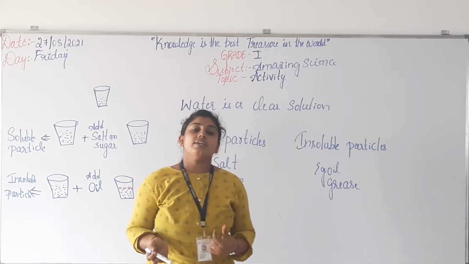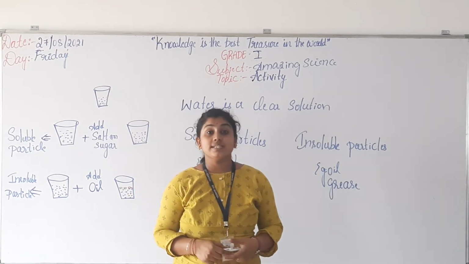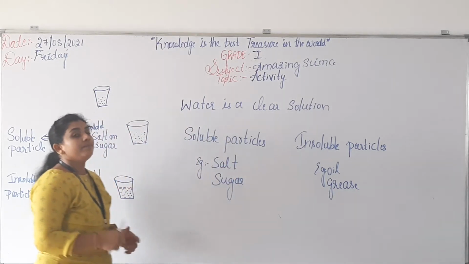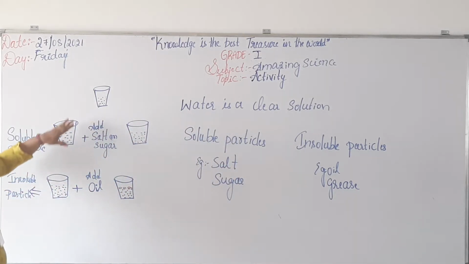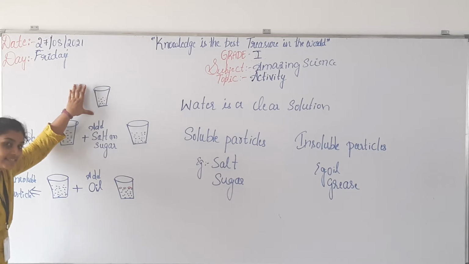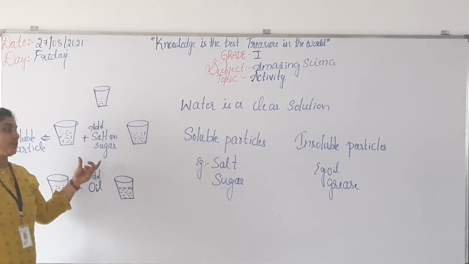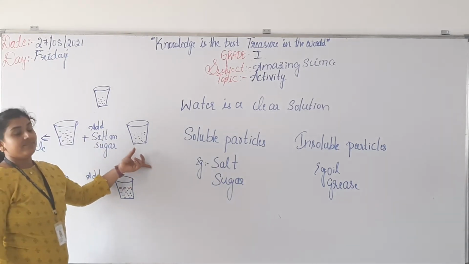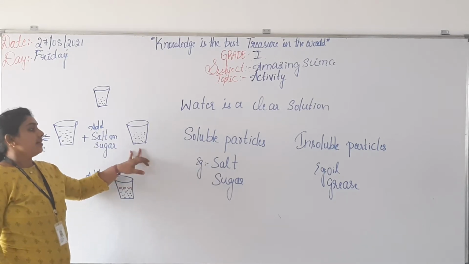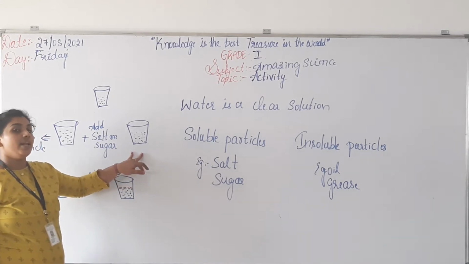So before conducting today's experiment, students, we will see how the process will take place. As I told, water is a clear solution. For the soluble particle experiment, you take one glass of water. If you add salt or sugar and start mixing, the salt and sugar will dissolve.